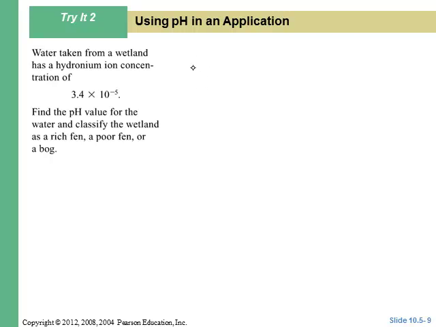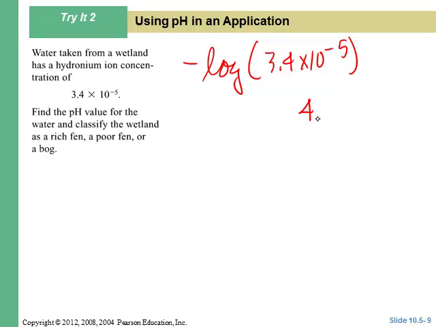So we would just press negative log 3.4 times 10 to the negative fifth, and we get 4.46, which is acidic.